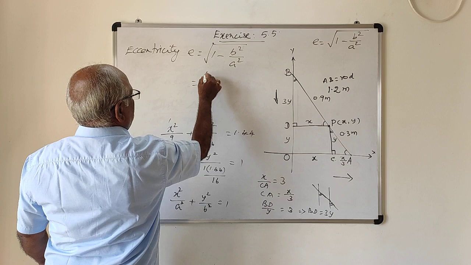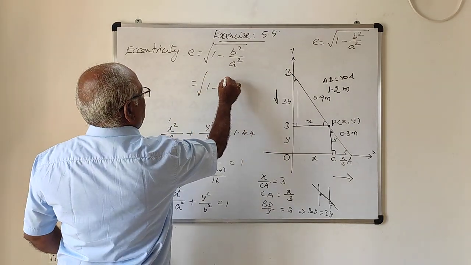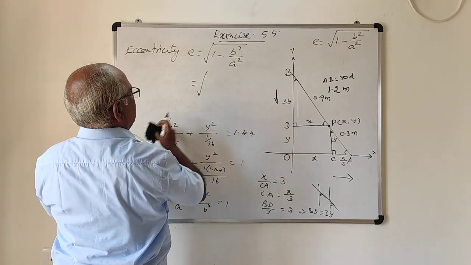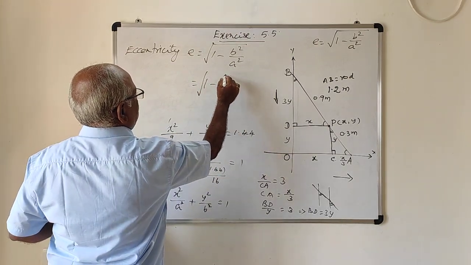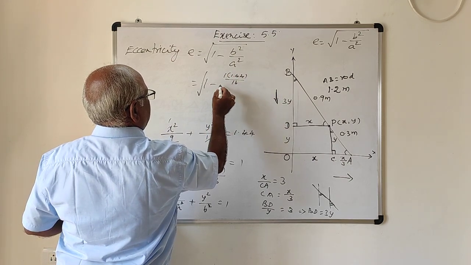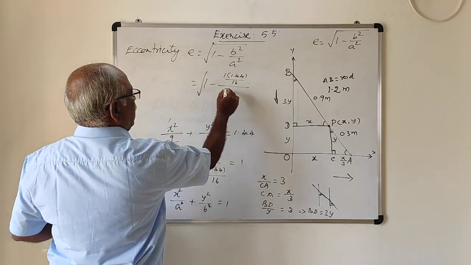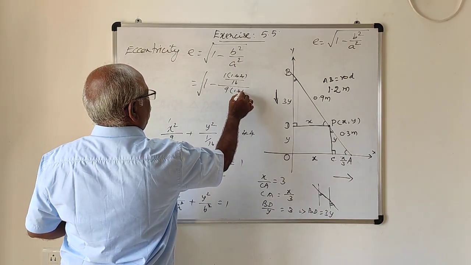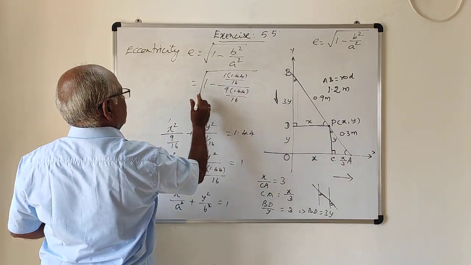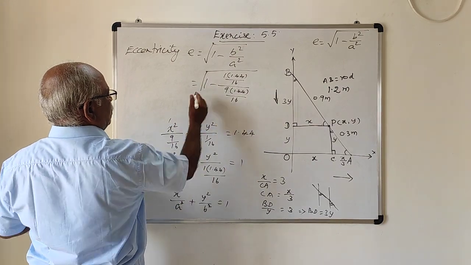So this is equal to root of 1 minus 1 into 1.44 by 16 over 9 into 1.44 by 16. This is your square root value.